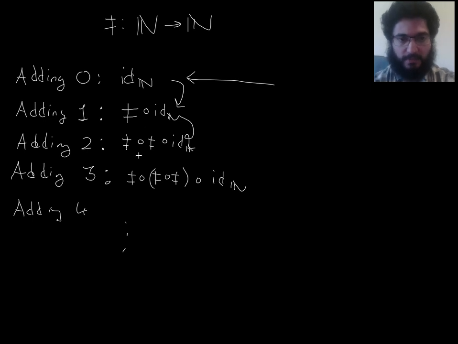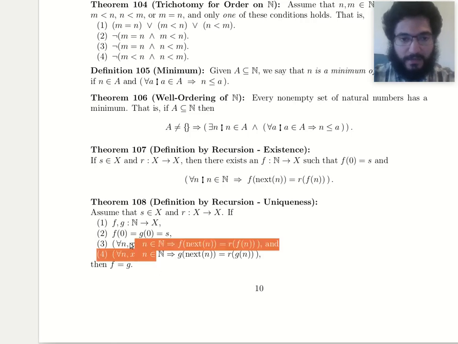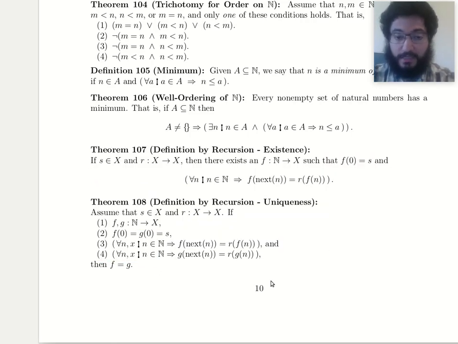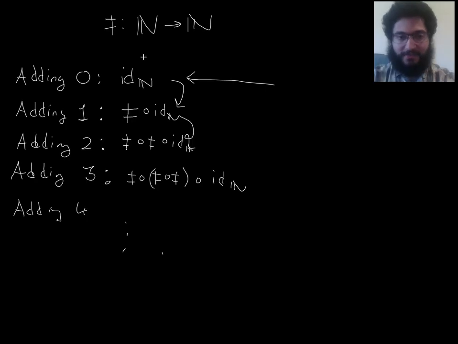This pattern, or this thing with the dot dot dots, if you explicitly describe the recursion rule, then this, thanks to what we've proven today, and the part that we didn't prove also, thanks to theorems 107 and 108, thanks to these guys here, this actually defines a sequence of functions.